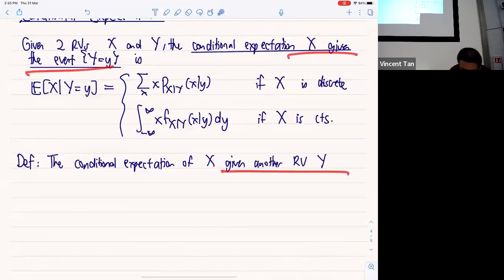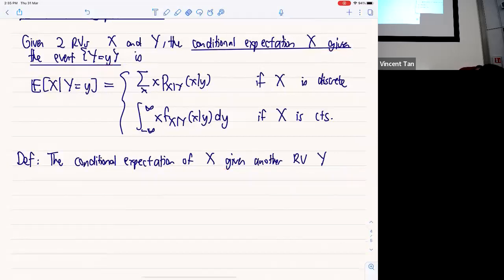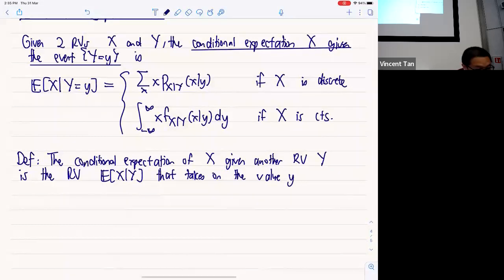Here we are given another random variable Y. The expected value of X given Y is the random variable that takes on the value, the expected value of X given Y equals y, when Y takes on the value y.